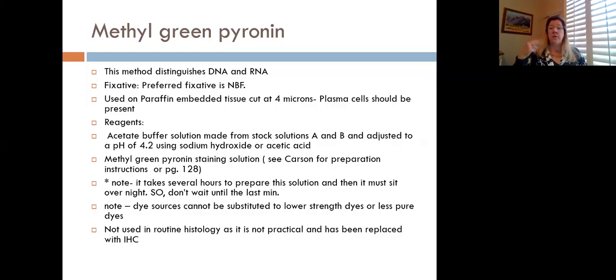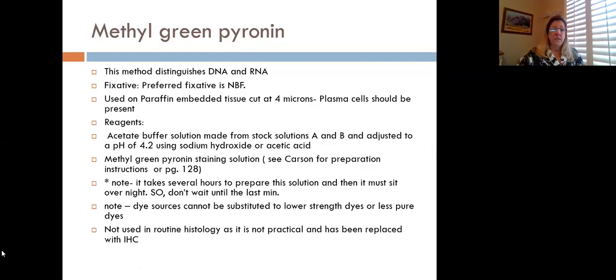And in your control, you have to have plasma cells. Well, they're everywhere, so they need to be present. So basically you can use just about anything, or a blood smear is really good with that.